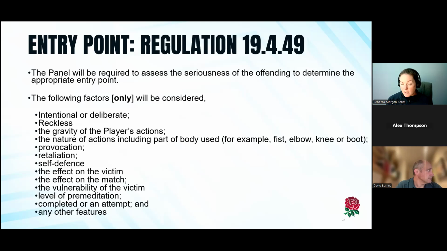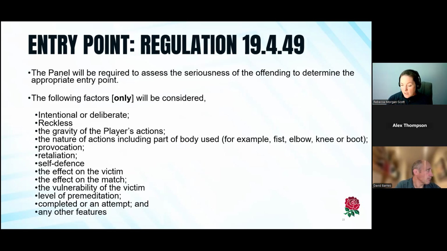So if you have a player who is trapped at the bottom of a ruck on the floor and is being punched and punched and punched by another player, and he uses his knee, for example, to get the other player off, and the referee sees all of this and gives them both a red card. When it comes to assessing all of that, the panel might look at the knee and say, well, you can't knee a player. So that's the starting point.